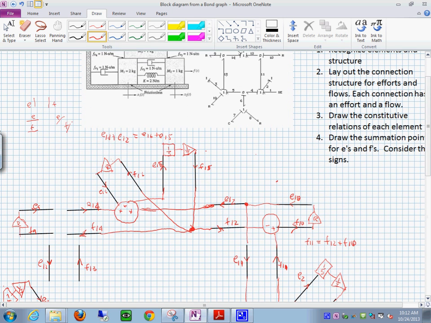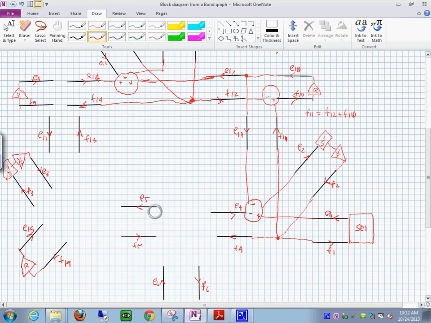All the efforts are the same right here. So you see it is logical to do it like this, and then obviously it leaves place for drawing the summation point over here, and so we can do it a little faster now.